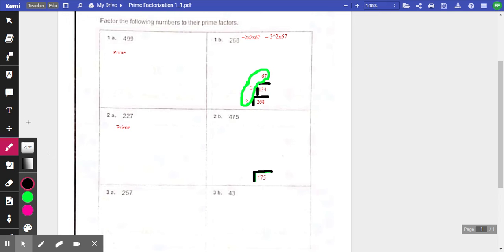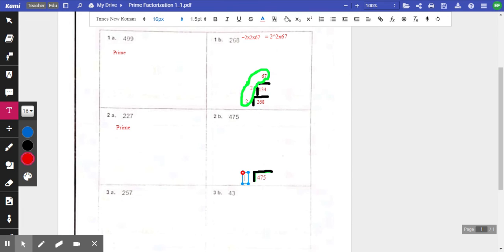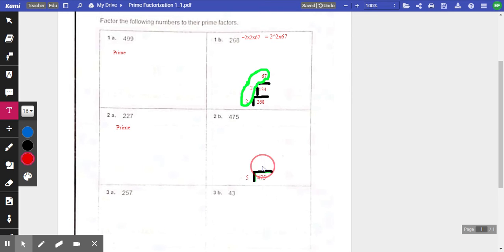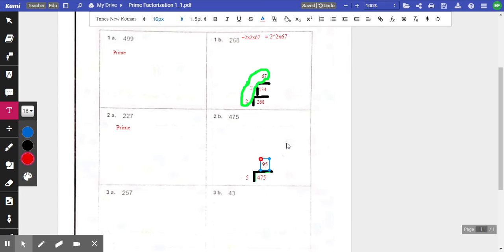So we're going to start with dividing by 5, because that's the first prime number that can divide 475. So 475 divided by 5 is 95.